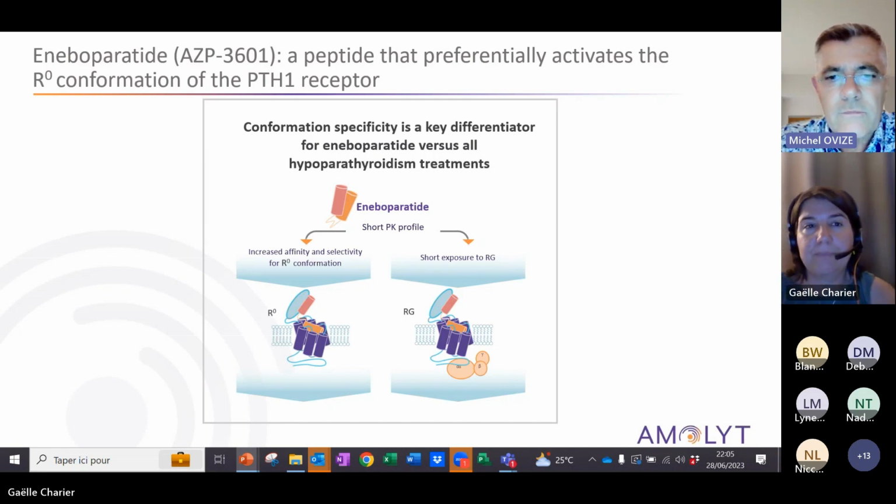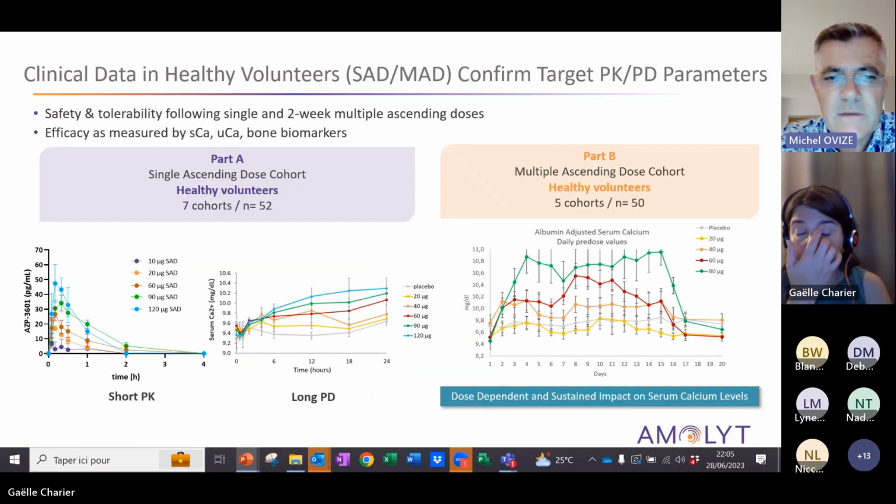The usual conformation of the PTH receptor is the RG conformation, while our product binds to and activates the R0 conformation of this receptor.